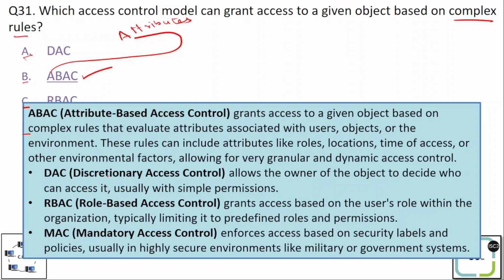Other options such as DAC, discretionary access control, allows the owner of the object to decide who can access it, usually with simple permissions. RBAC, that is role-based access control, grants access based on the user's role within the organization, typically limiting it to predefined roles and permissions. And MAC, mandatory access control, enforces access based on security labels and policies, usually in highly secure environments like military or government systems.